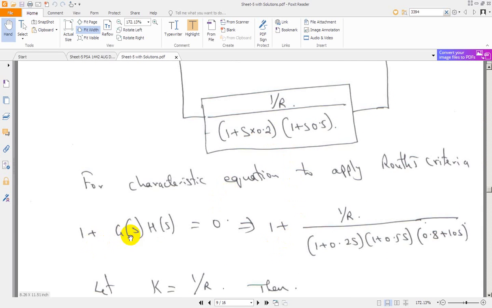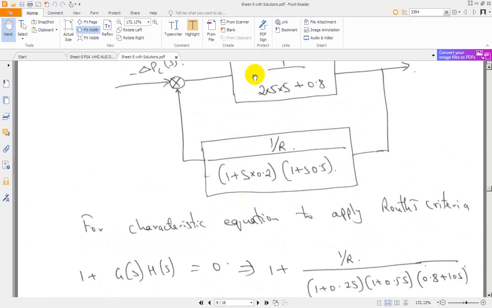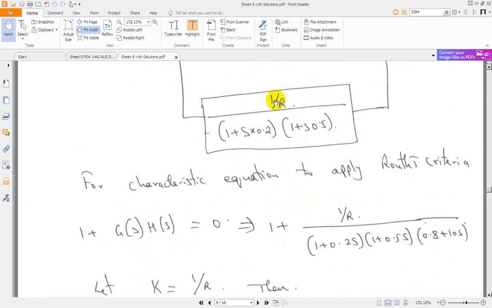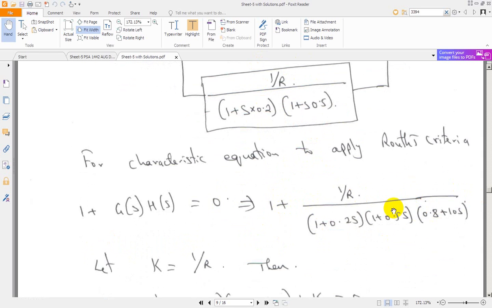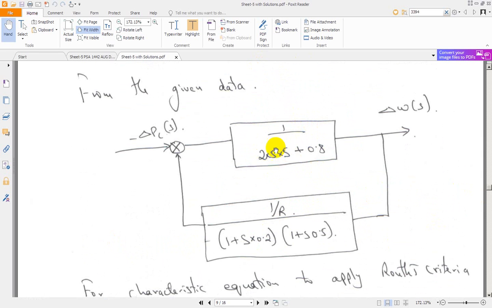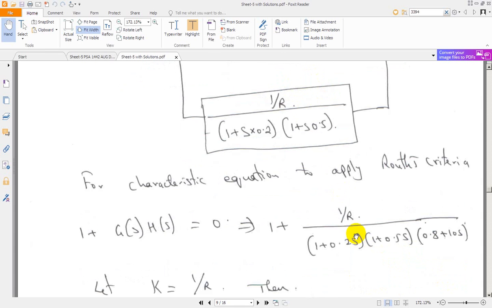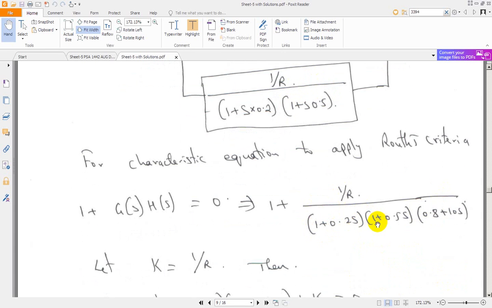The characteristic equation is 1 plus G of S into H of S, where this is G of S and this is H of S. 1 plus 1 by R divided by (1 plus 0.2s)(1 plus 0.5s) into 1 by (10s plus 0.8). This should be equal to 0.